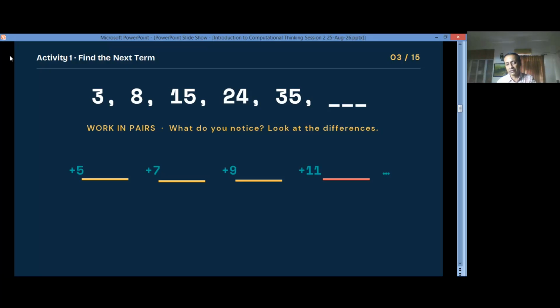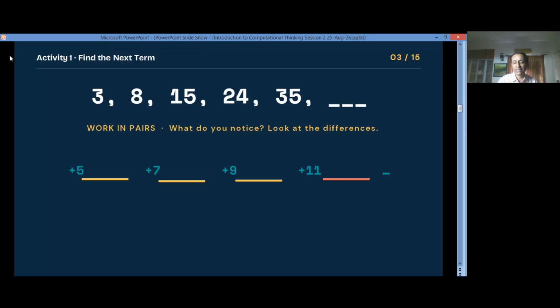Then plus 7 to the second number gives the third number. Every number that follows the previous number increases by an increment of 2, and it is all odd numbers. The addition starts with 5, and thereon goes to 7, 9, 11, etc. This is the pattern.